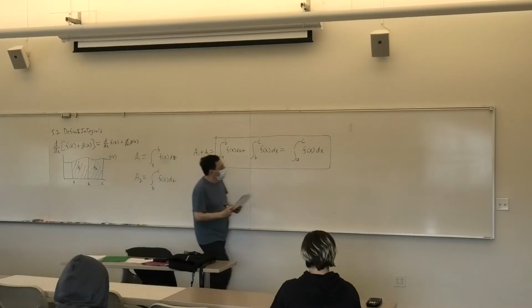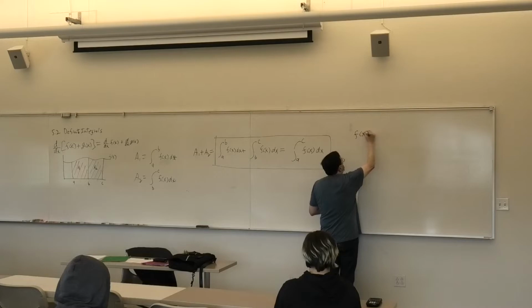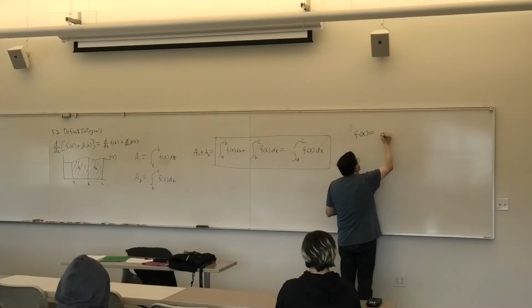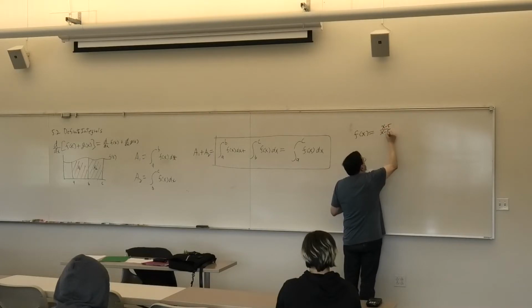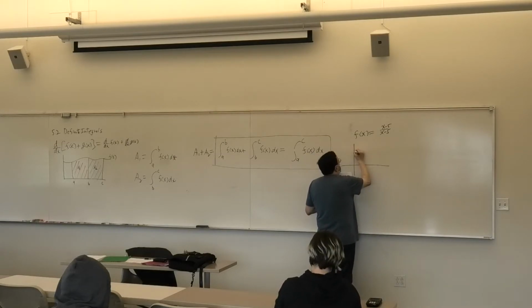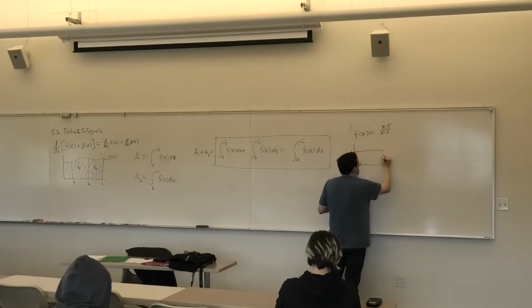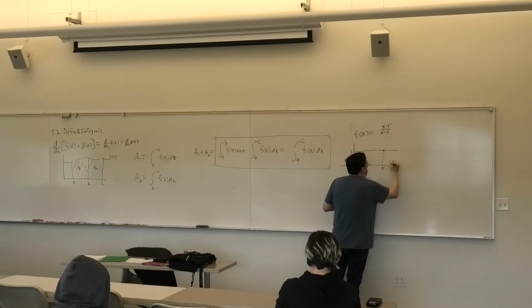This might come in handy if we have some function, let's say f of x equals (x minus 5) over (x minus 5). Well, this is a constant function, except at 5 there's a hole in it.